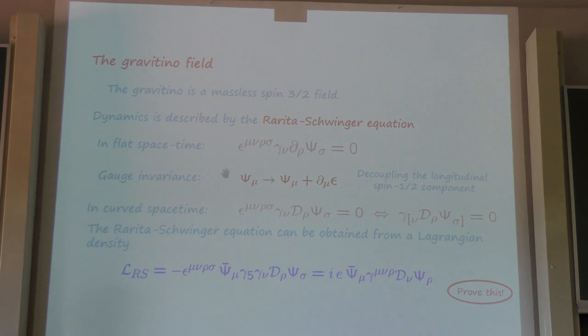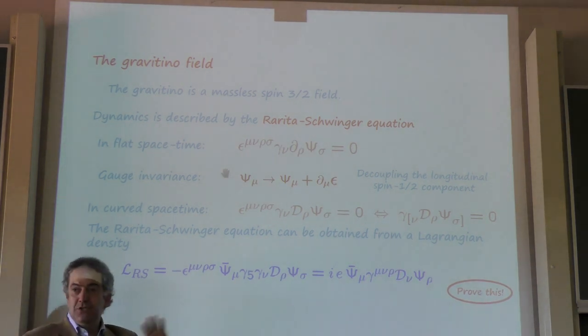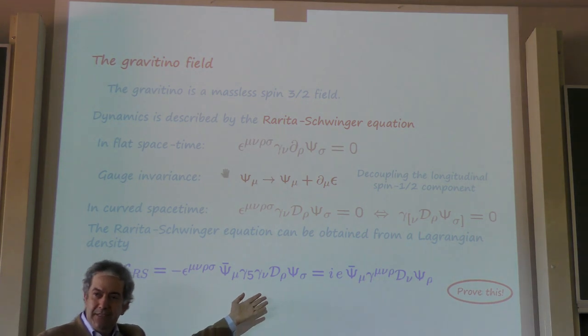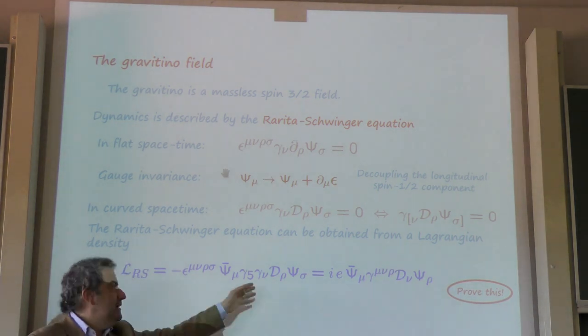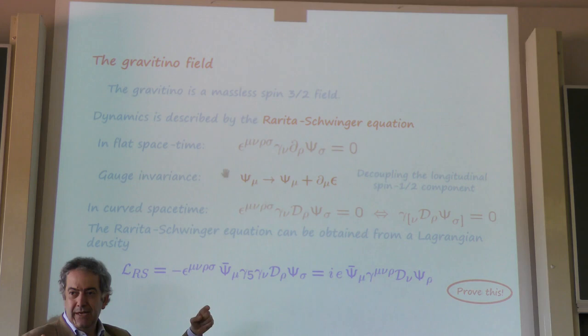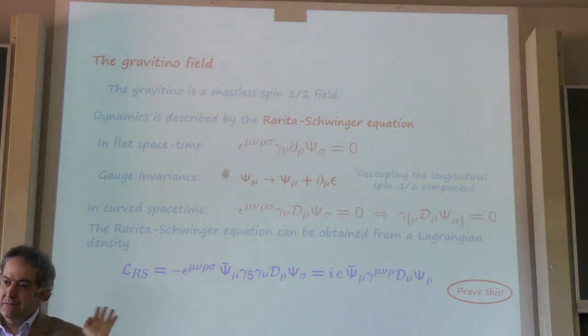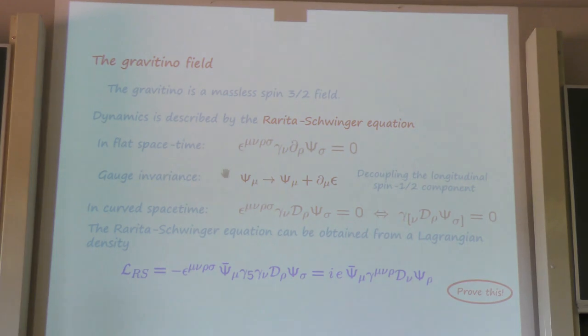That's easy. You vary the gravitino field, you get two terms, but using properties of the gamma matrices, you write them as a single term in which the variation of the gravitino is in the leftmost position. Then you drop it, and then you get your Rarita-Schwinger equation. So I suggest you prove this.